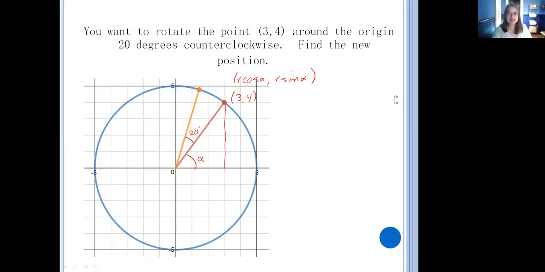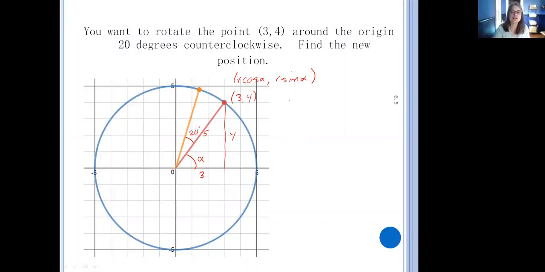We need the radius. You can use the Pythagorean theorem to get it, but I happen to know that this is a 3, 4, 5 right triangle, so this side is 3, this side is 4. So for any right triangle where one leg is 3 and the other leg is 4, the hypotenuse is going to be 5. Pythagorean theorem will prove that to you.